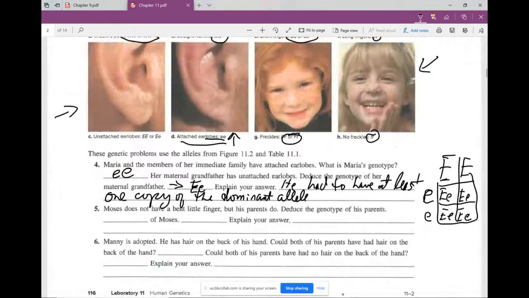Moses does not have a bent little finger. That means he's recessive. But his parents do. That means they're both heterozygous. Right? They both have to be heterozygous for the same reasons that number 4 and her grandfather had to be heterozygous. Okay, so big L, little l for both.